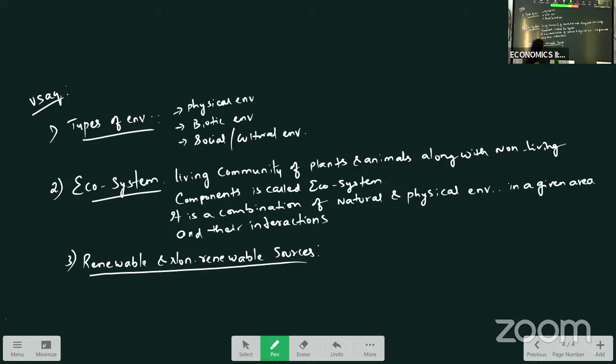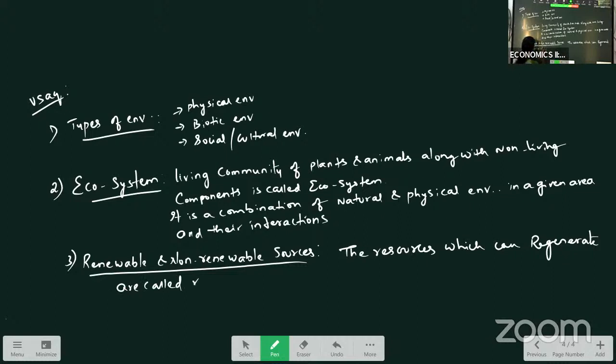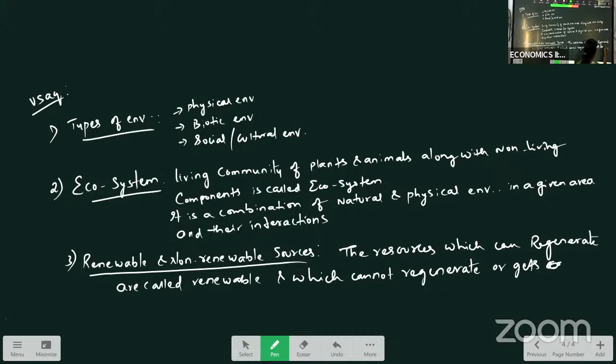The resources which can regenerate are called renewable, and those which cannot regenerate or get over as we use are called non-renewable. So you can give the examples also.